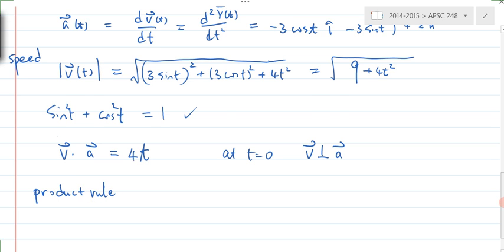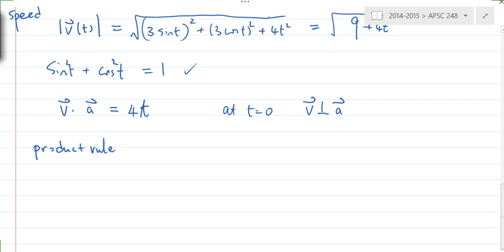Now the reality is this is not the multiplication of two scalar functions. We're talking about multiplication of two vector functions. When we say multiplication of two vector functions, we're actually talking about two different multiplications: one is the dot product, the other is the cross product, right? So you do have a product rule applied to the dot product and the cross product.